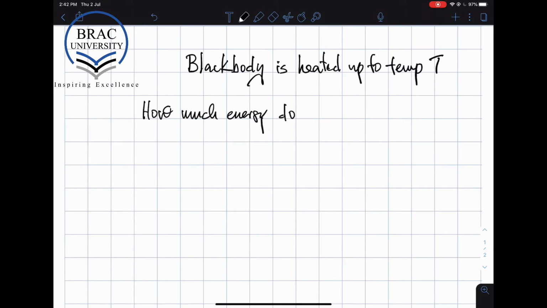The answer is given by a theorem in classical statistical mechanics called the Equipartition Theorem. And to derive the Equipartition Theorem result, we use a fact that was discovered by Boltzmann.